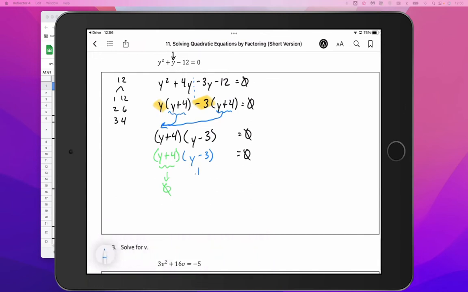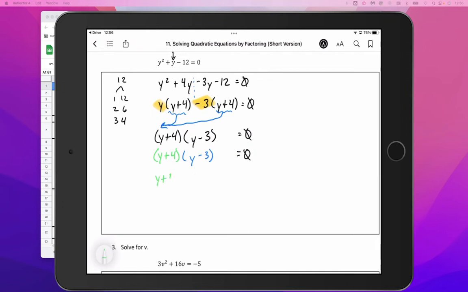If I can make the blue one equal to 0, 0 times y plus 4 will also be 0. So if either one of those, the green one or the blue one, is equal to 0, that whole left side will be equal to 0. So we're going to split it into its parts as we did last time.